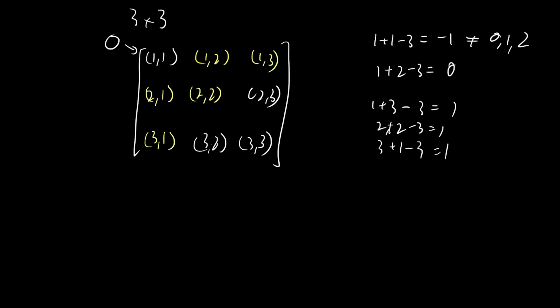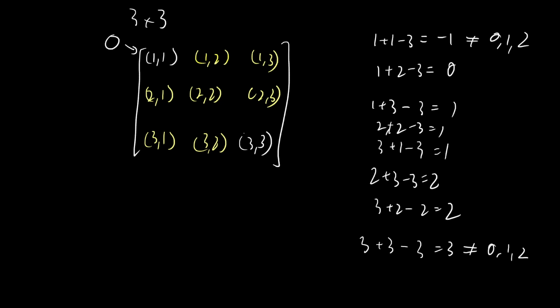Now with the same logic, in this diagonal also the sum will be the same for I and j: 2 plus 3 minus 3 equals 2, 3 plus 2 minus 3 equals 2. So these elements are also non-zero. Now finally 3,3: 3 plus 3 minus 3 equals 3, which is not equal to 0, 1 or 2. So this element would also be 0. Our final matrix will look something of this sort: 0, some elements, some more elements, and then 0. Now this does not really give us the idea until and unless we move on and check the further matrices.